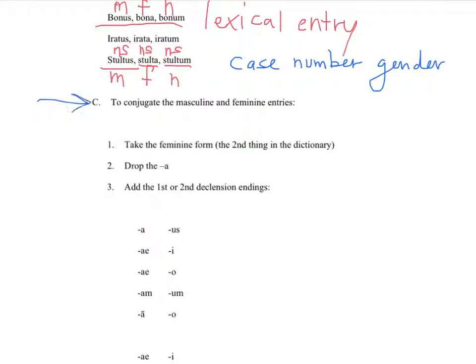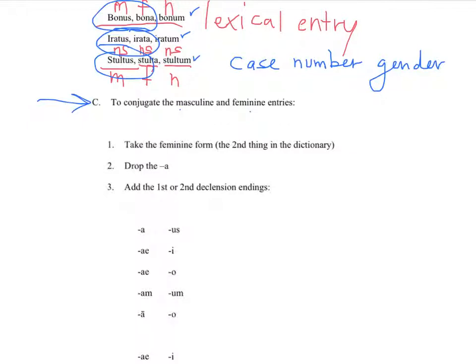Now I want to teach you to decline the masculine and feminine forms of those adjectives. I'm circling them right now, the masculine and feminine forms. As I said in the last slide, you don't really have to know the neuter forms right now, but I want you to be aware of them so that when you learn them, they're not coming out of nowhere.